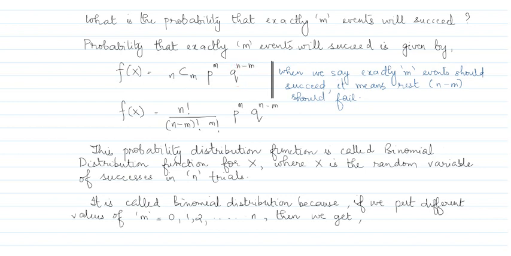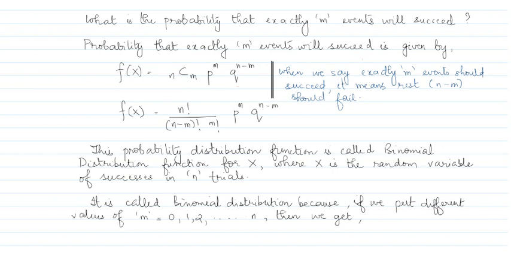So the probability of failure for the rest n minus m events is given by q raised to n minus m, and this entire thing will give me the probability that exactly m events will succeed out of n.